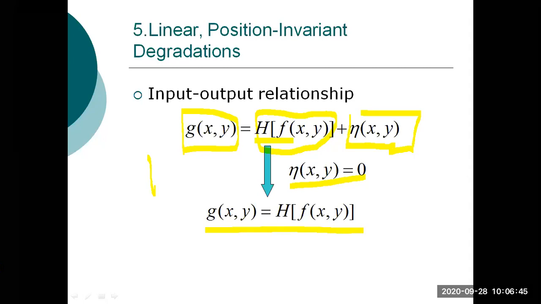All of you write. Here f of x comma y is our input image. G of x comma y is the output of the degradation function, not the entire restored image. Input output relationship by neglecting eta. One second, I will show.